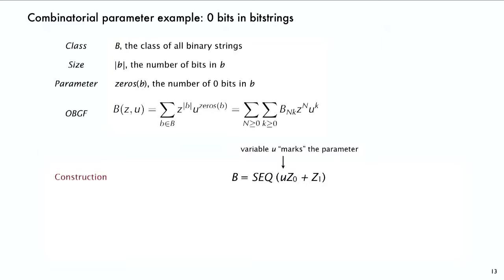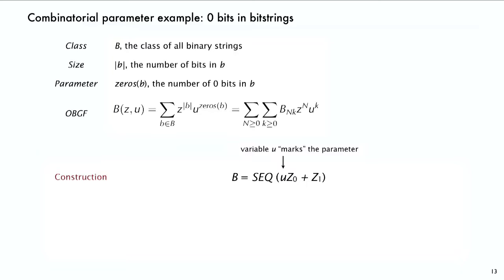So our ordinary bivariate generating function on the two variables is the sum for every object b of z to the size of b, u to the number of zeros in b. Our elementary identity says that we can collect terms that have size n and cost k, and we'll have b_nk of those. This is all elementary from the definitions.